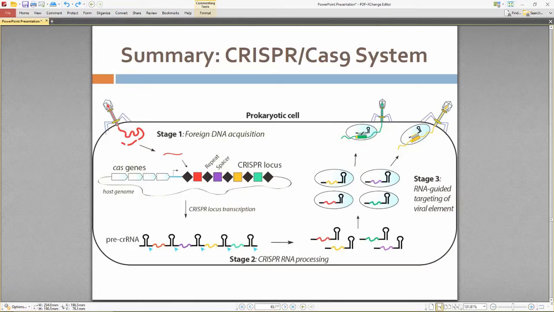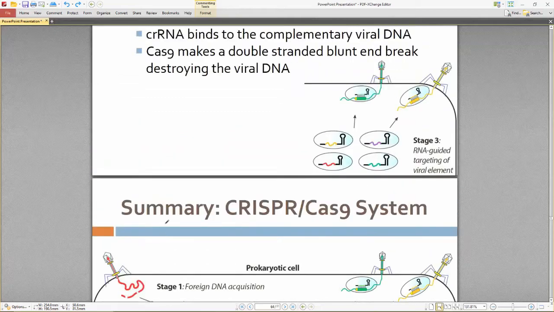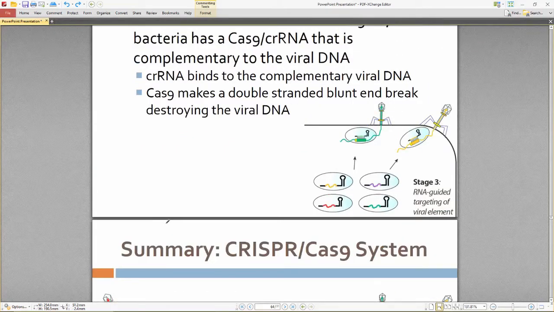The CRISPR RNA has a complementary sequence to this viral DNA, and it comes here and bonds to it, and then Cas9 will make a double-stranded blunt end break, and the viral DNA is rendered harmless, and the bacteria is okay. Cool.